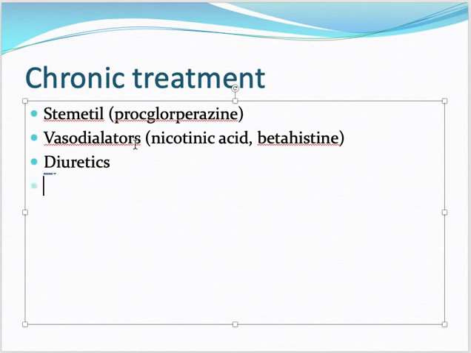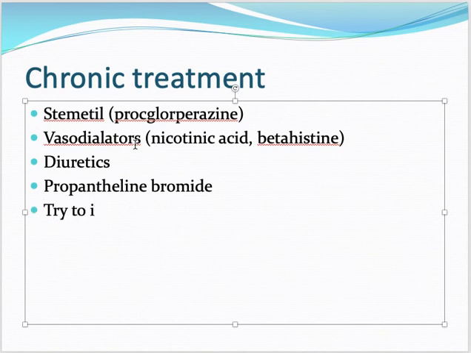Furosemide, and there are many diuretics which are available. One of the drugs which we can put them on is propantheline bromide. It's also a vasodilator, and try to find out if they have any allergy and tell them to avoid that, of course.